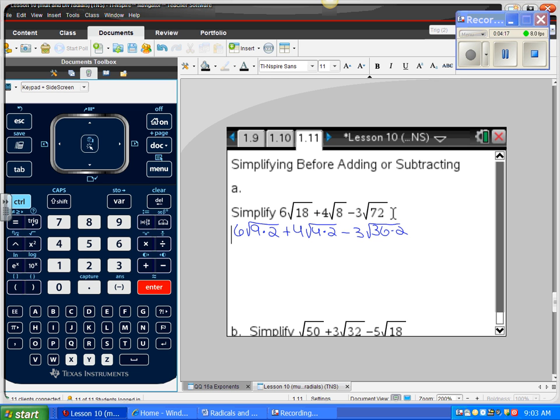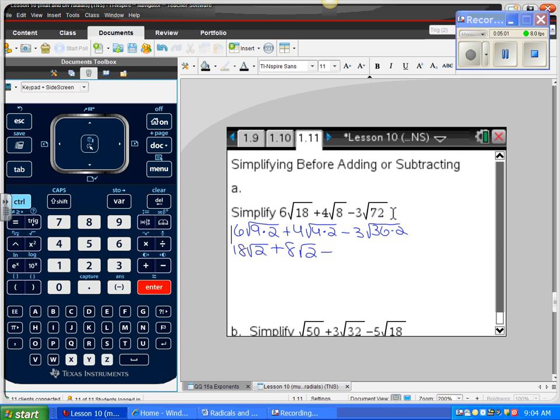We ready? I'll wait. Okay, square root of 9 is 3. What do I have to do with the 3 and the 6? So it becomes 18 radical 2 plus radical 4, and that becomes 8 radical 2.